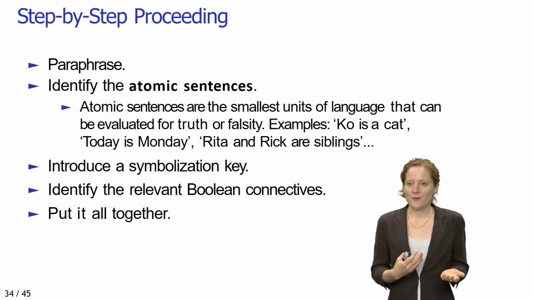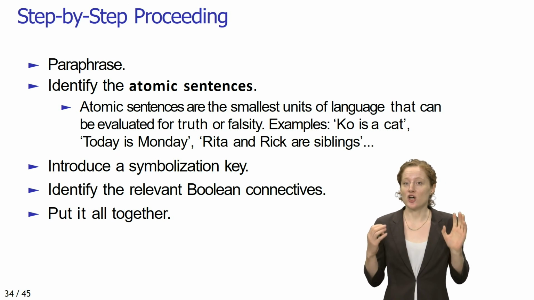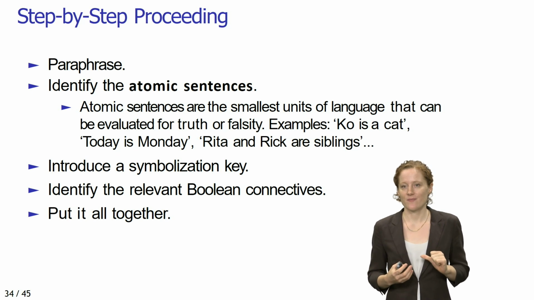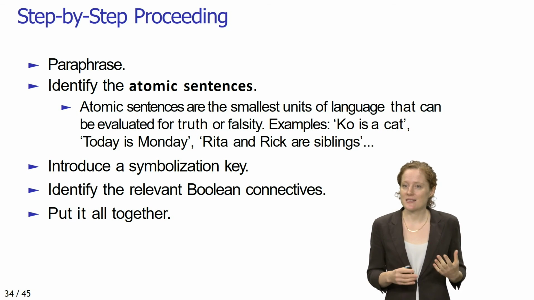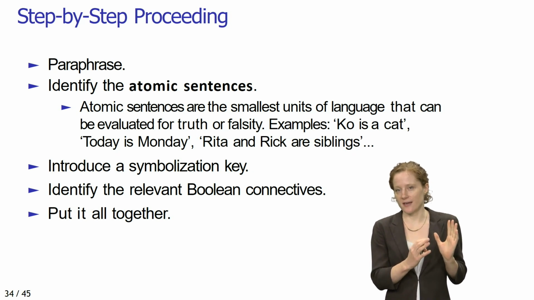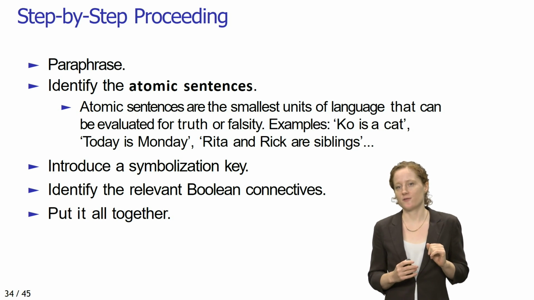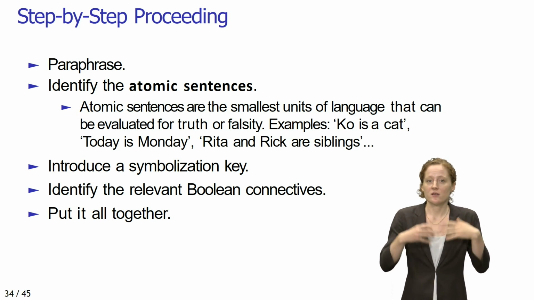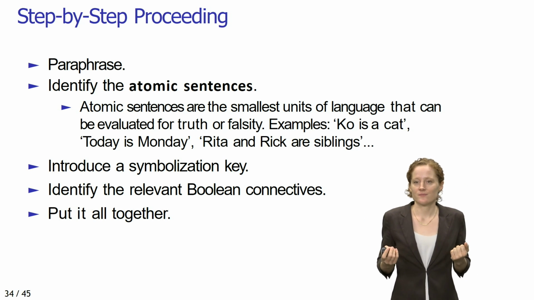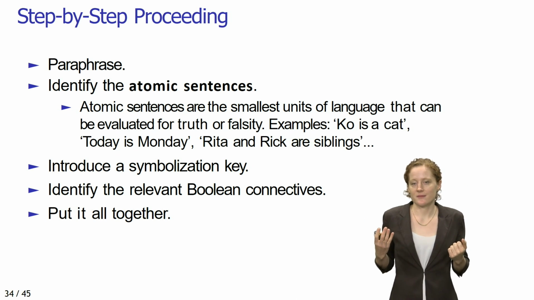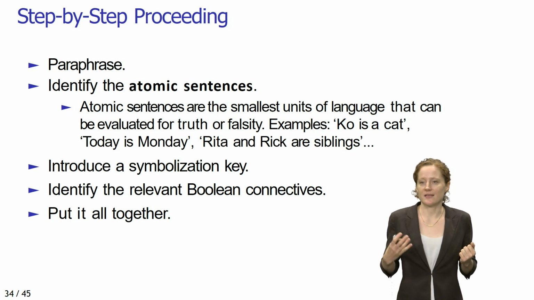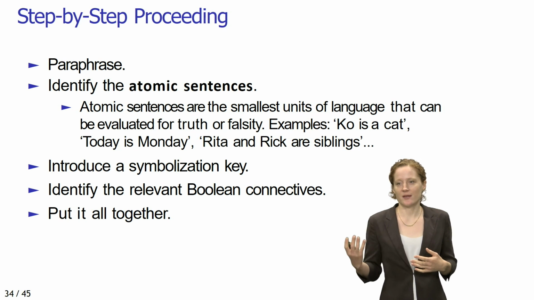In the second step, we identify the atomic sentences that appear in our English sentence. Atomic sentences are the smallest units of language that can be evaluated for truth or falsity. So for example, the sentence "Co is a cat" is an atomic sentence, and so is the sentence "Today is Monday" or the sentence "Rita and Rick are siblings."